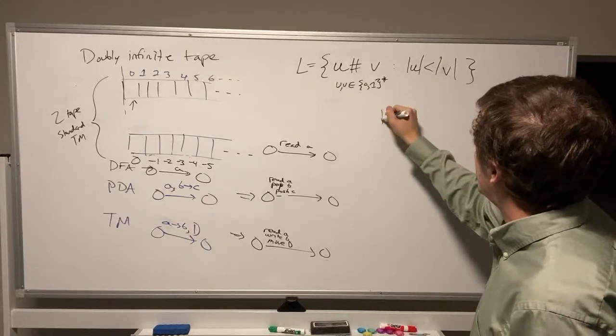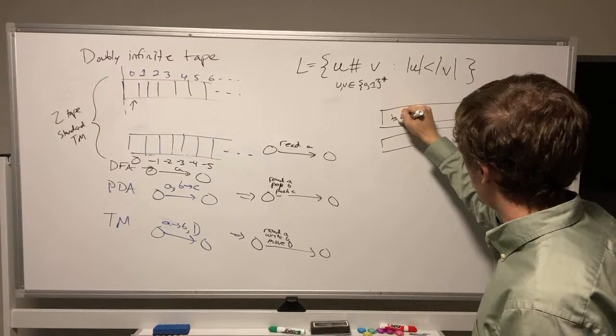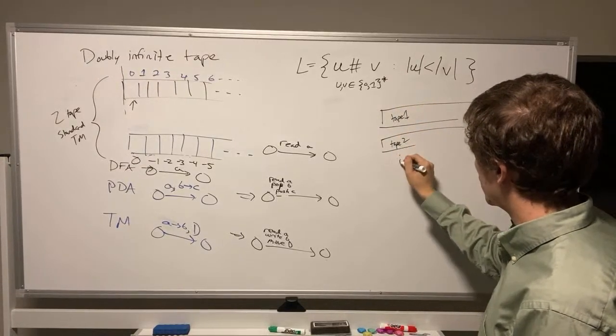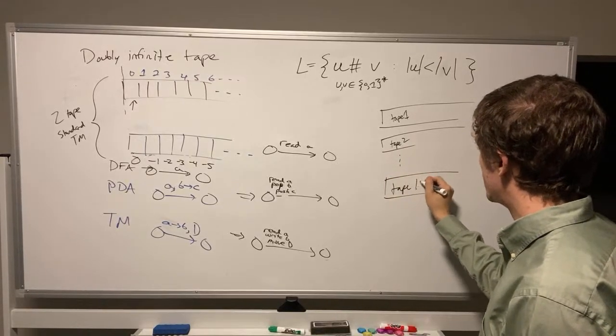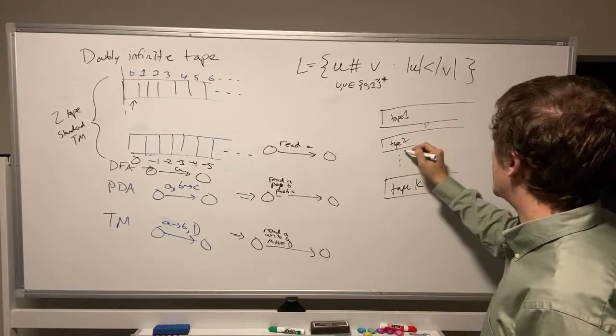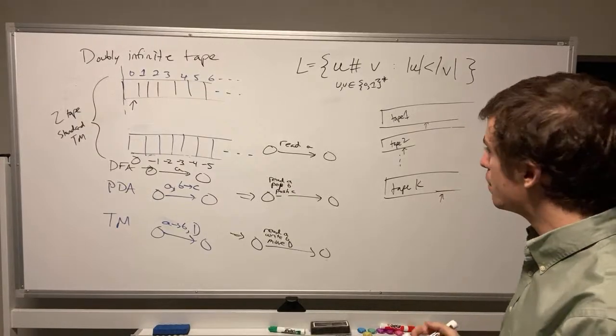So if we have a bunch of tapes here, so like here's tape 1, tape 2, up to tape K. So we have K tapes. Then potentially we could have a tape head in just any old position in any one of the K tapes.